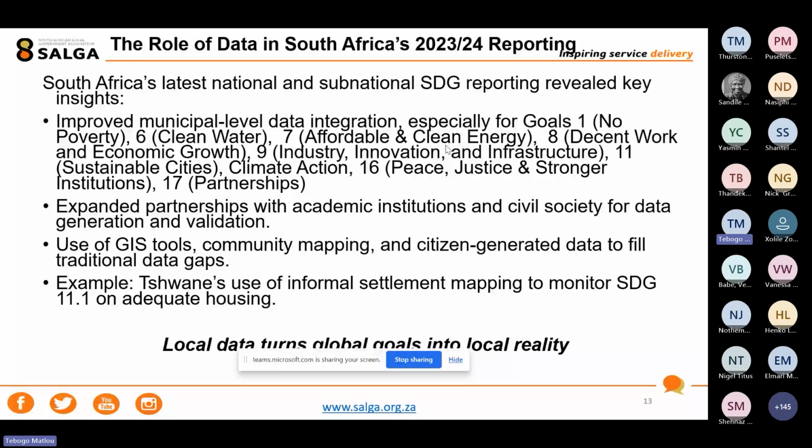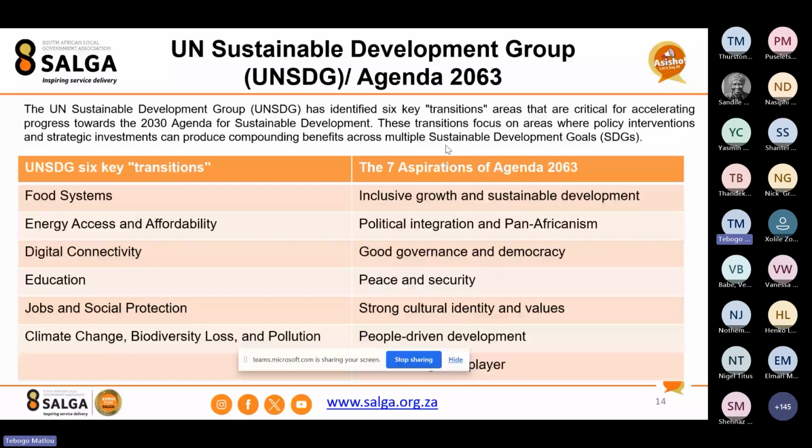On partnership, we need to use GIS tools and community mapping to ensure that citizen-generated data fills traditional gaps. The UN Sustainable Development Group came up with 6 transitions. However, because we've got Agenda 2063, we are mapping the two. Food systems are very key, energy access and affordability, digital connectivity, education, jobs and social protection, climate change.